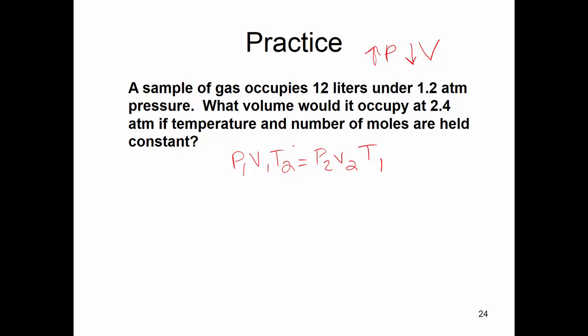If something's constant, then I can just cancel it out. Therefore, now I have Boyle's law. P1V1 equals P2V2. And so I would just solve. We're looking for V2, so we're going to have P1V1 over P2.